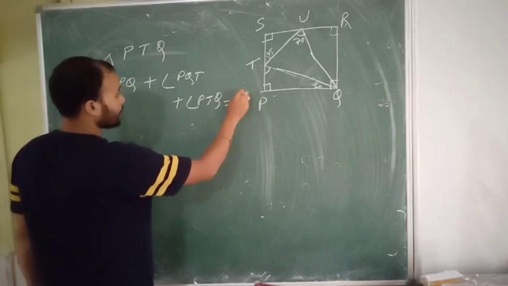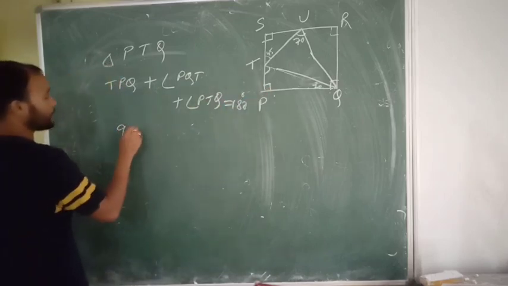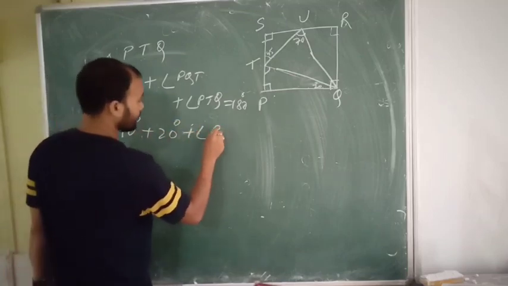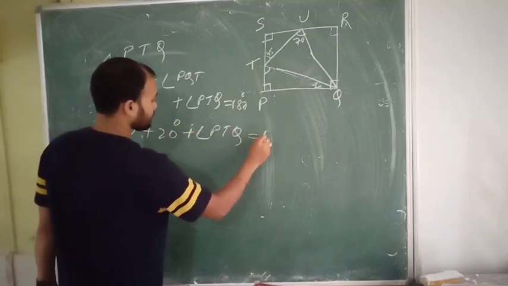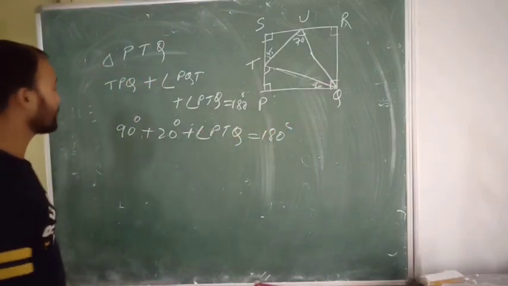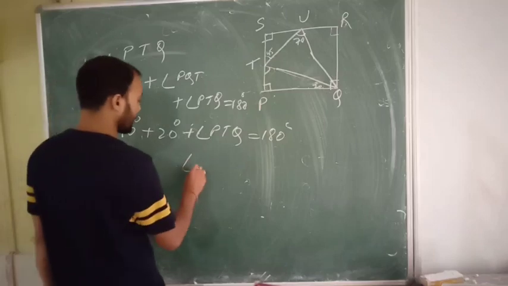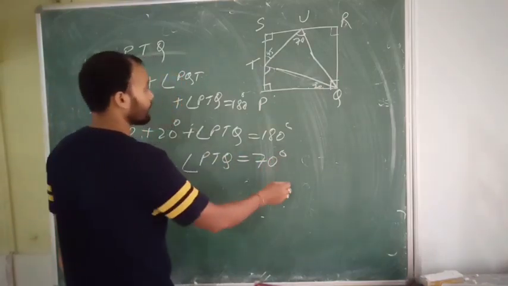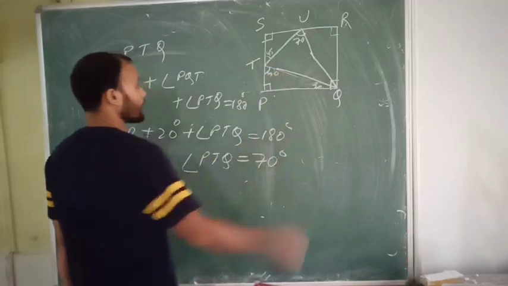Now put the values. This is 90 degrees. That is 20 degrees plus angle PTQ. 90 plus 20 is 110. 180 minus 110 is 70 degrees. So angle PTQ is 70 degrees. One by one you try to find it. This is 70 degrees, done.